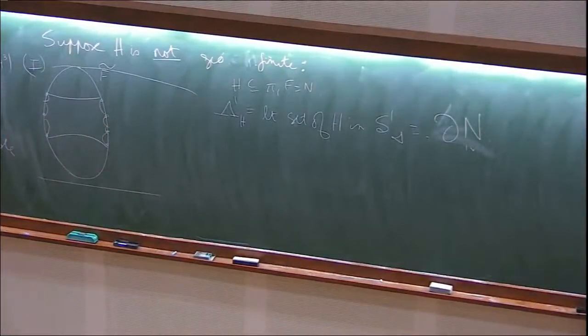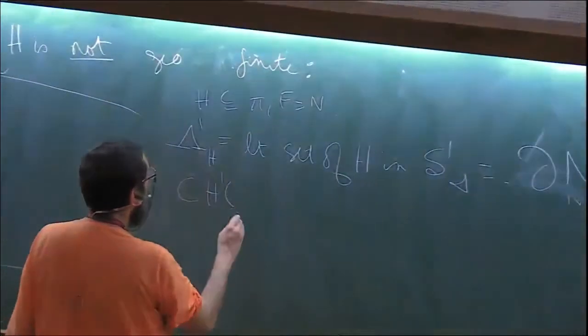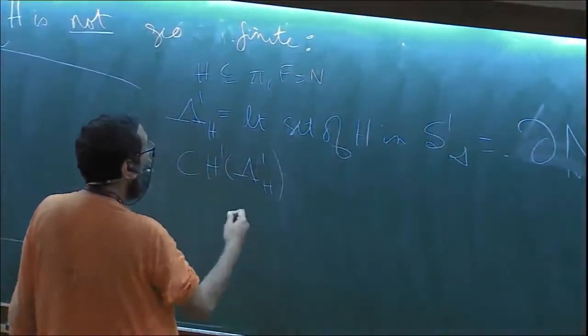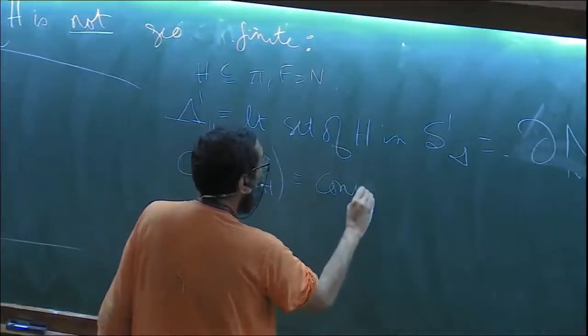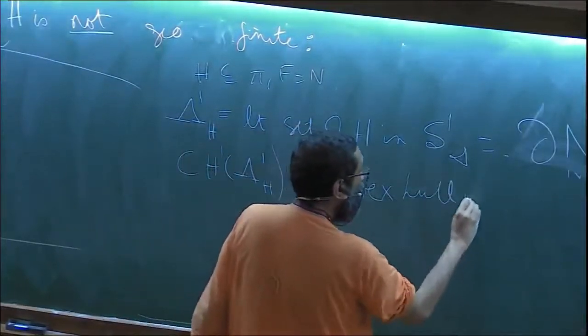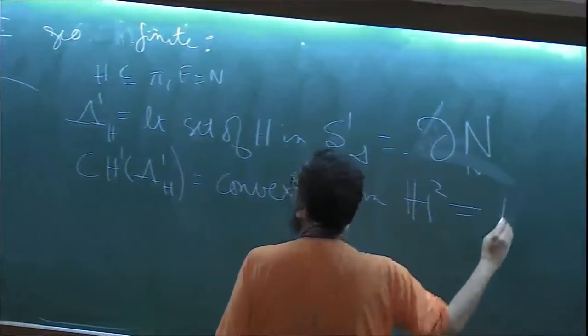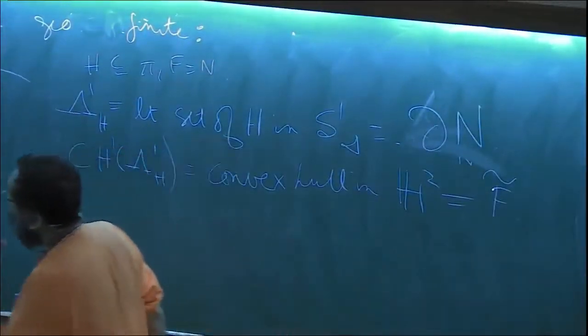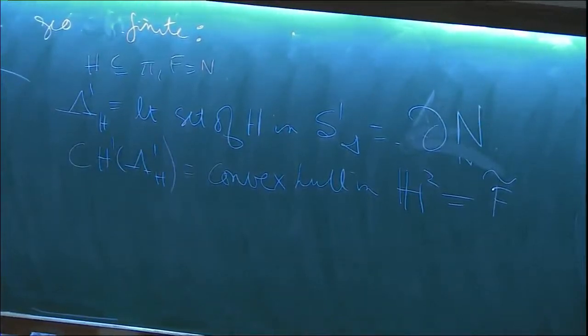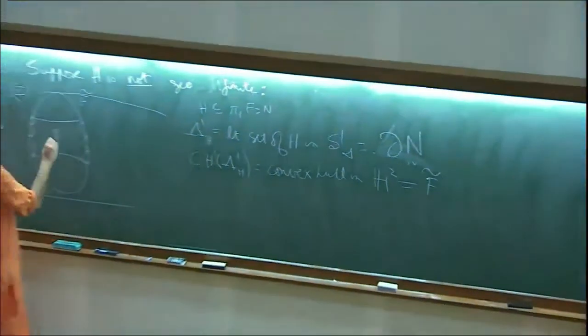So suppose you have this, and then the convex hull 1 of lambda H^1. This is the convex hull in H2, identified as the universal cover of the fiber. If this is not geometrically finite, what will it mean? You pick a base point.